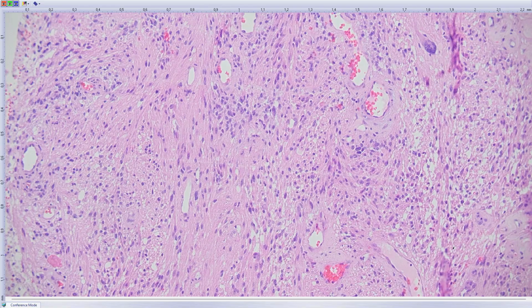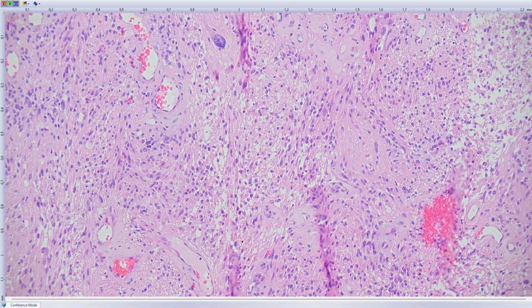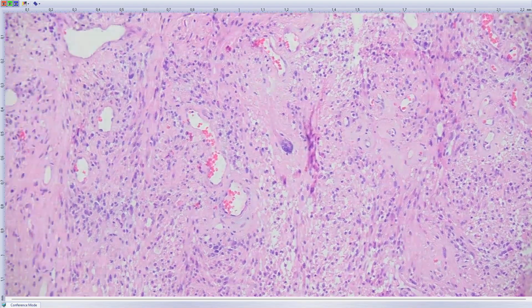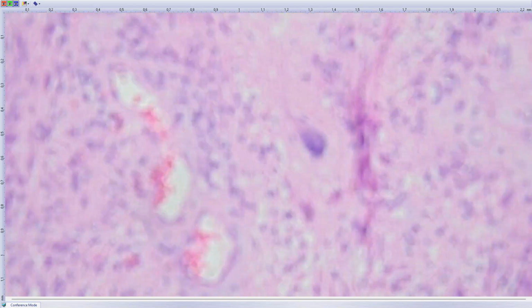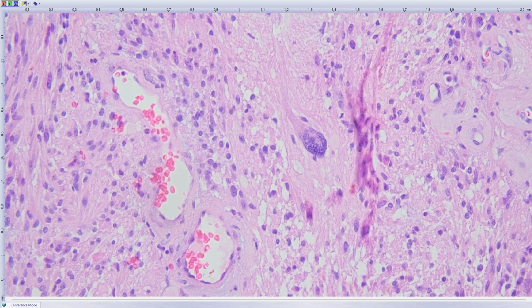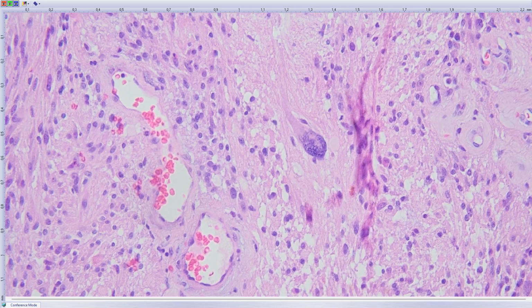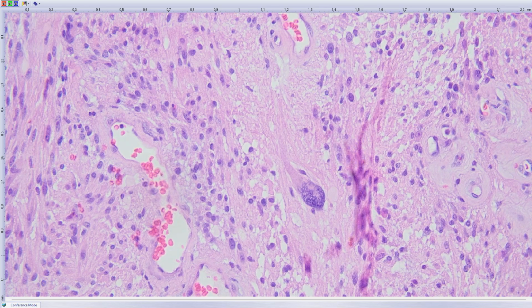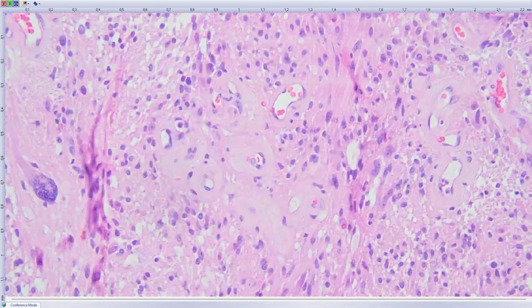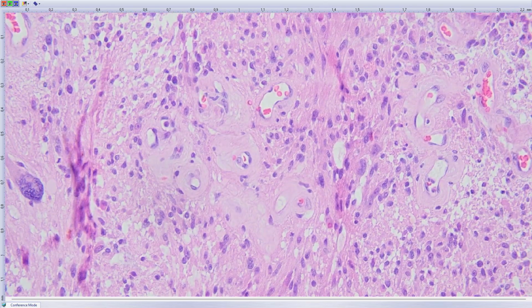This particular patient is lucky. She has had a tumor for many years. Even this type of nuclei, with multiple nuclei, you may have in pilocytic astrocytoma, so it's not indicative of high-grade malignancy. And you can see these hyalinized vessels, which are very typical for pilocytic astrocytoma.